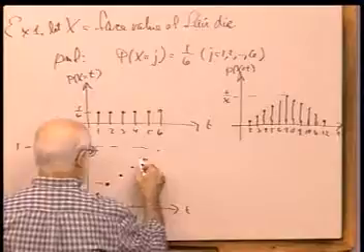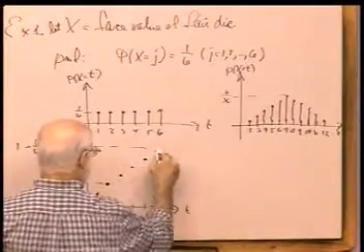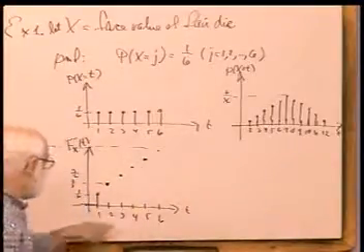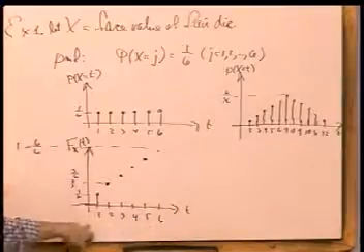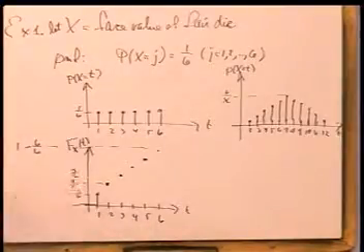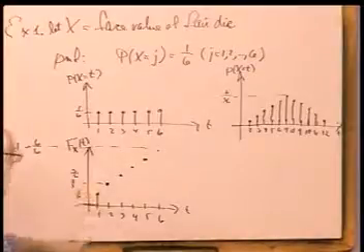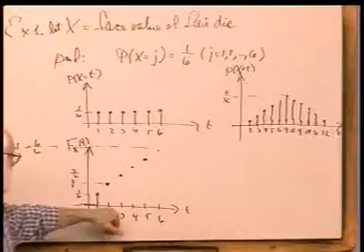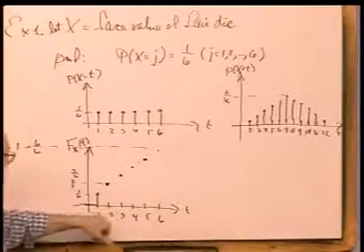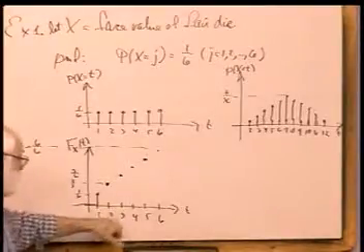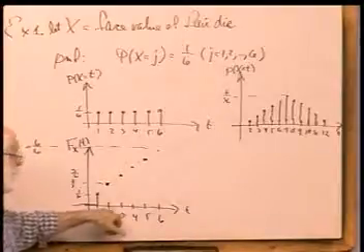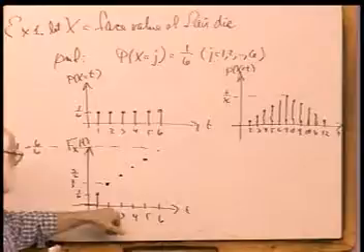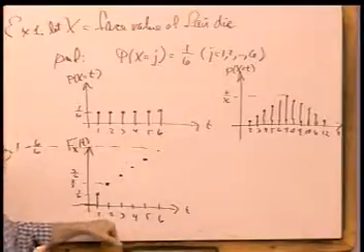Now, these are the distribution function values when t is equal to the values that the random variable takes. But what about in between those values? Suppose I asked, what's the probability that X is less than or equal to 1.5, for example? Since the random variable X only takes the integer values 1, 2, and so forth, the probability that it's less than or equal to 1.5 is the same as the probability that it's less than or equal to 1.